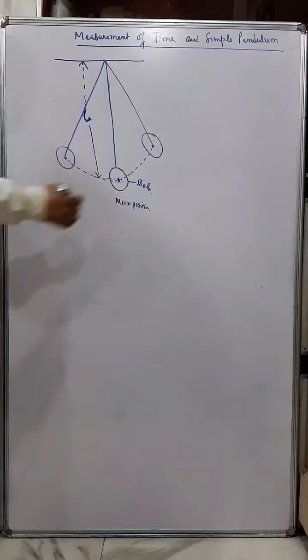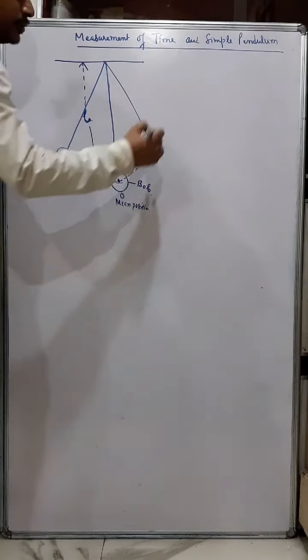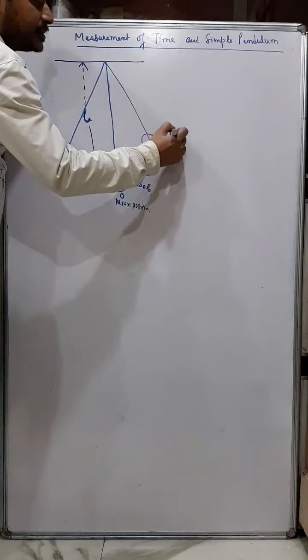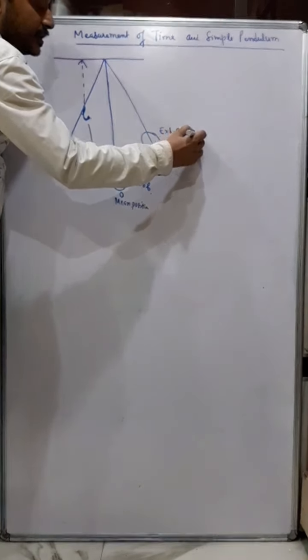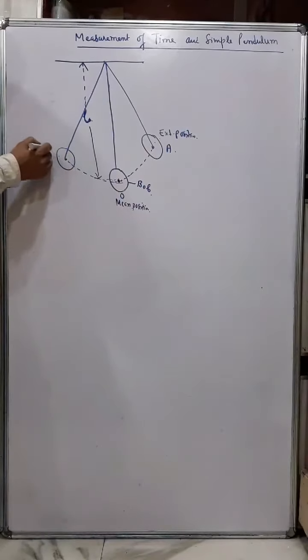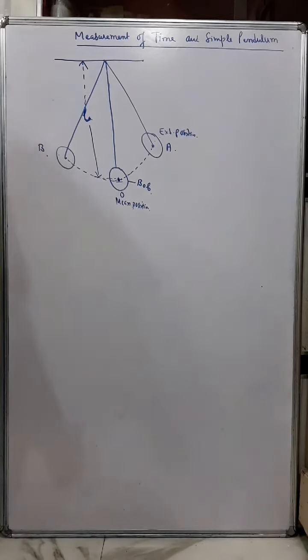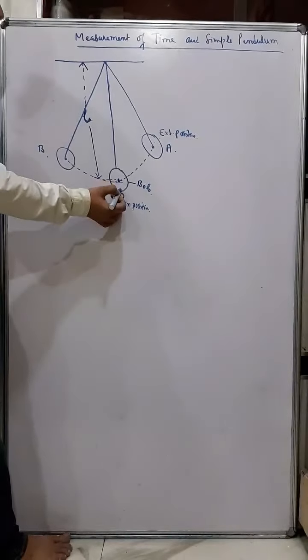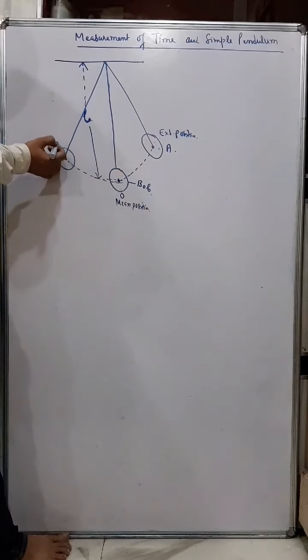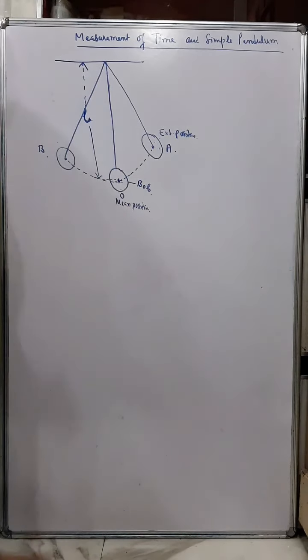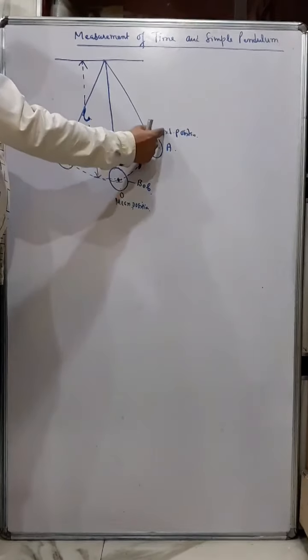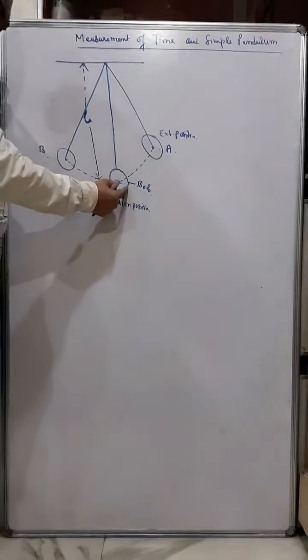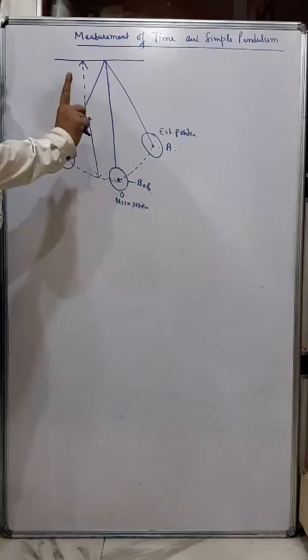So let this mean position be O, this extreme position let it be A, and this extreme position let it be B. Now one oscillation means from O to A to B, and B back to O. Understand? From O, if you disturb, it will go to one extreme position, then the other extreme position, and then back to the mean position. So that is called one oscillation.